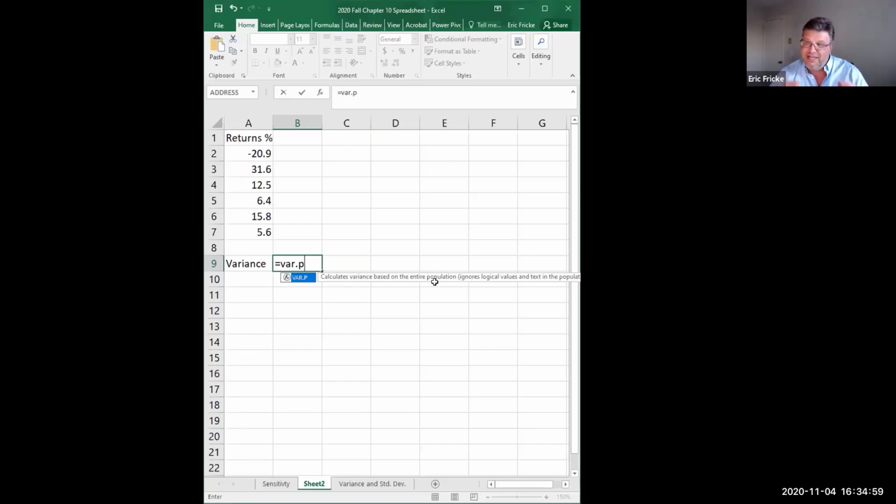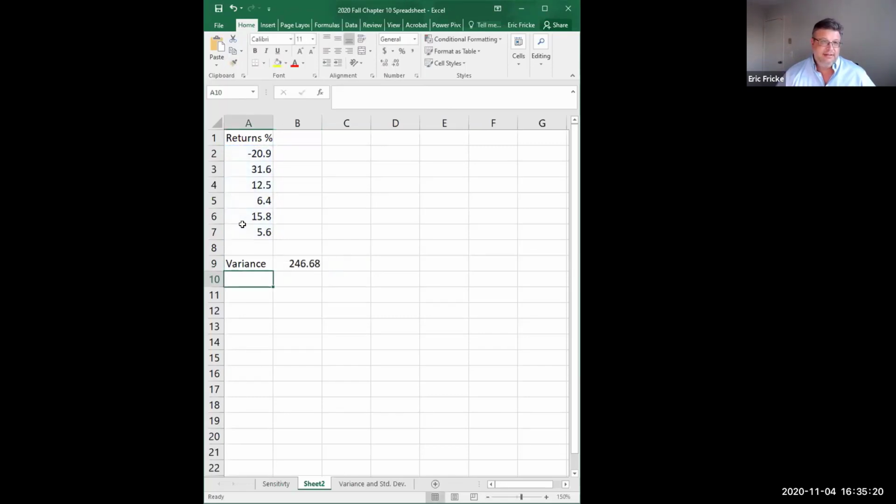No, it's just 2002 to 2007. That's our whole population. That's all we want to know about. So we can use population standard deviation. And then it's pretty simple. You just select the range of your numbers in Excel, just like that. Little end parenthesis, and there's your variance. And that's exactly the same number that we got doing the math on the PowerPoint slide.